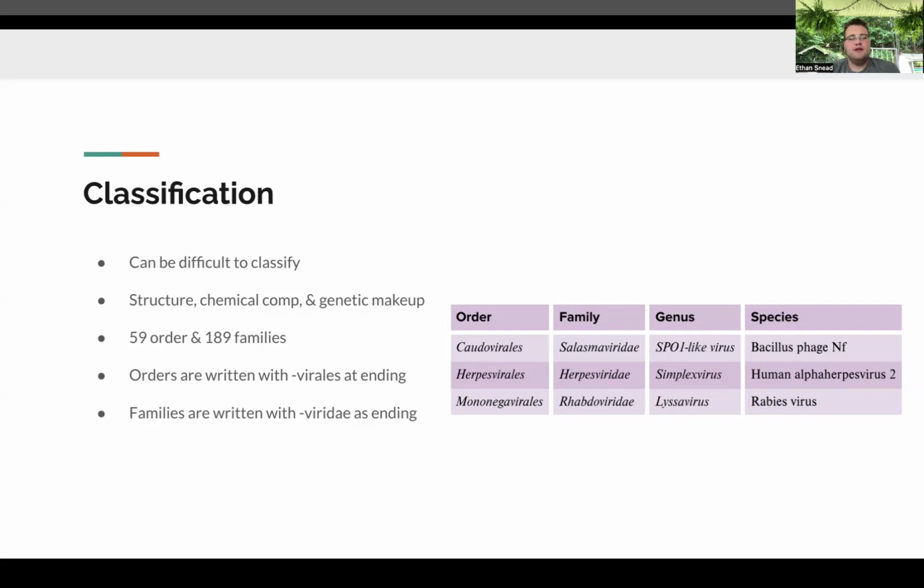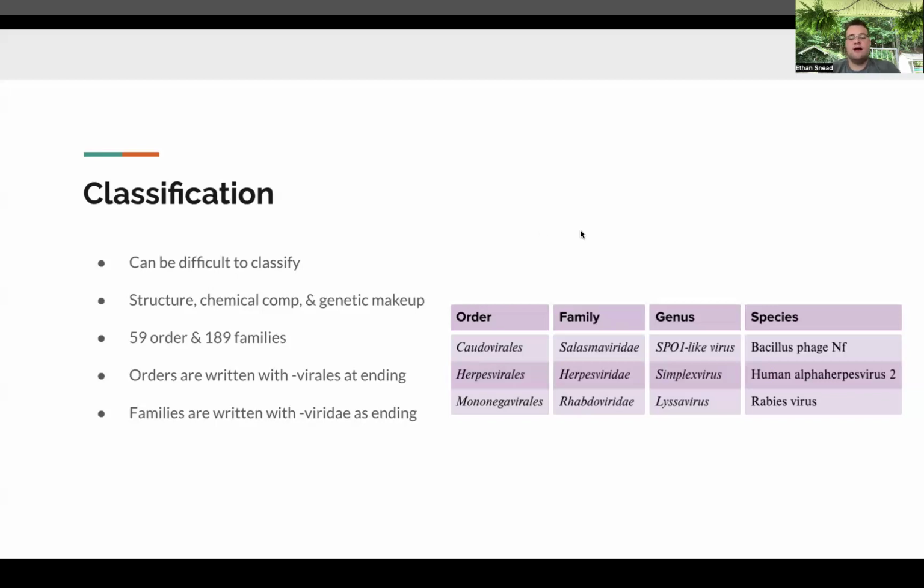There are 59 different orders of viruses, and within these orders there are 189 different families. The orders, when you write them out, are written with virales at the end, and families are written with viridae at the end.